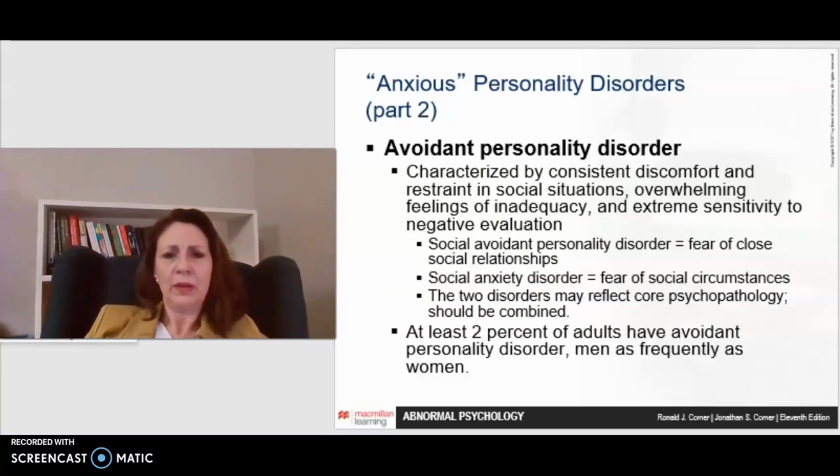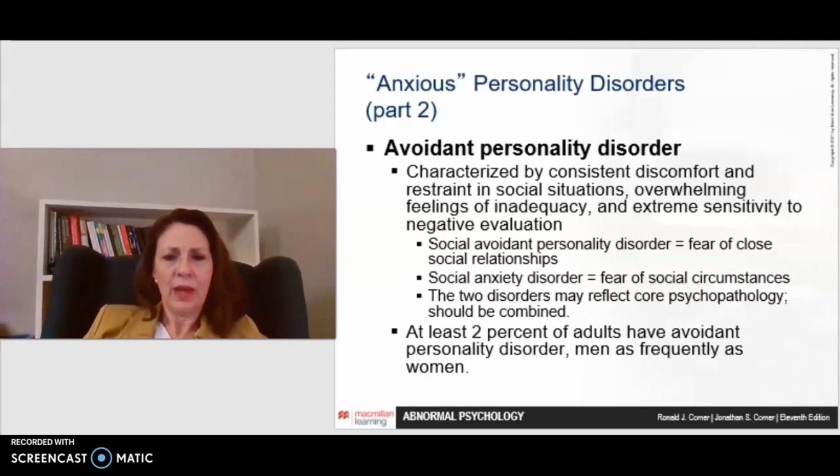We do know that avoidant personality disorder is characterized by consistent discomfort and restraint in social situations, overwhelming feelings of inadequacy, and extreme sensitivity to negative evaluation. There's a fear of close social relationships for the social avoidant ones.